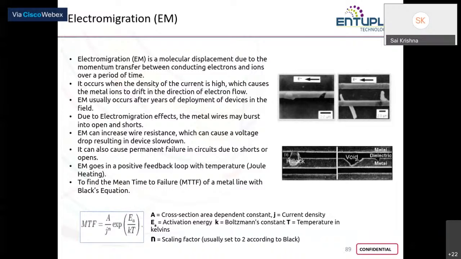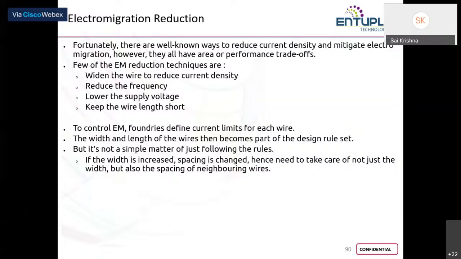Okay. So how can we, from the design end, the foundry will anyway define the current limits and what are all the other factors it does. But on the design end, on the physical design end, is there anything that we could do to avoid this electromigration?